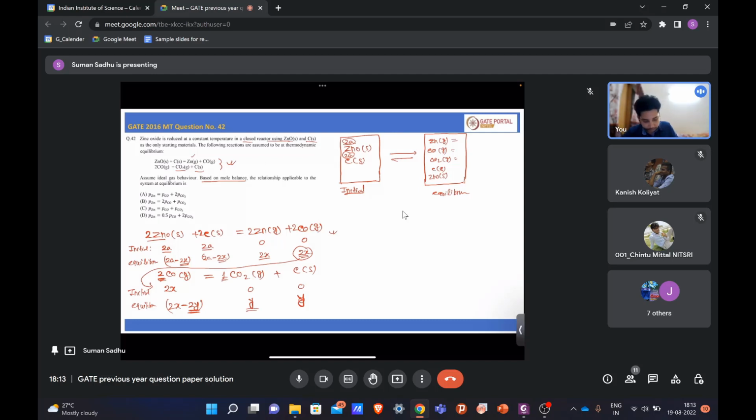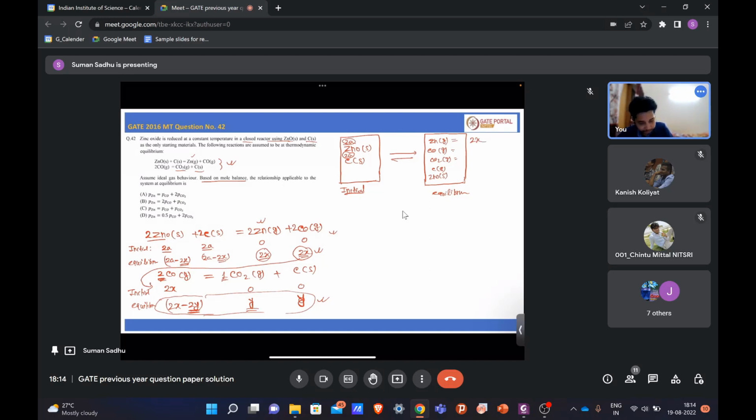Now we have the number of moles that are present at equilibrium. So for this reaction, this is the number of moles. Now we can write how much mole of Zn is present. As you can see, 2x mole of Zn is present at equilibrium. How much mole of carbon monoxide?